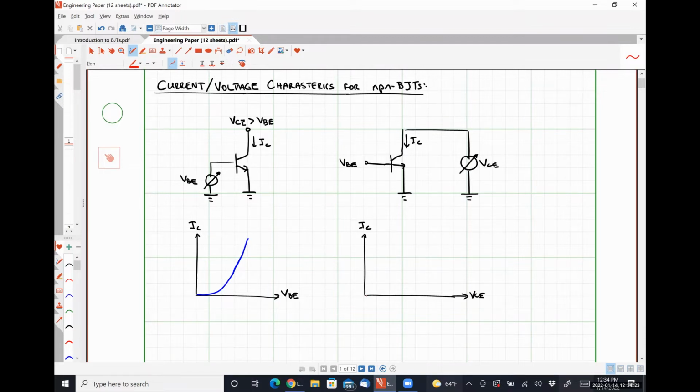So this might look something like this, where this guy is for a particular value VBE1 and therefore a particular base current, which I'll write IB1, and we might have a second curve.